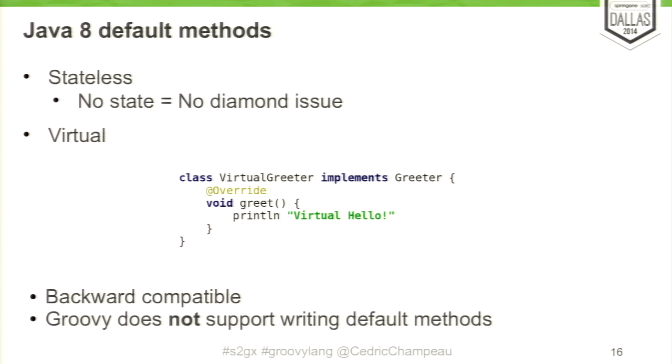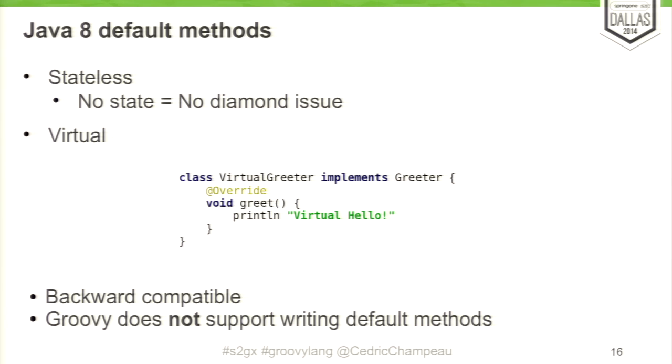And virtual means that when you call a method, it looks up a virtual method table to determine what will actually be called. And if you override that, this method is implemented, so this method will be called, not the version from the interface.